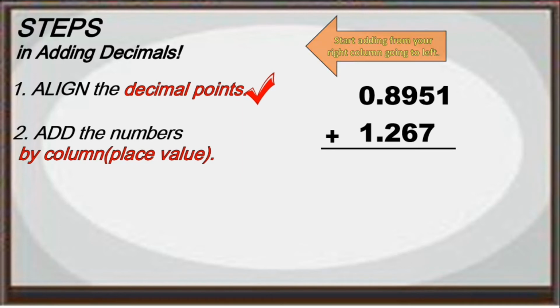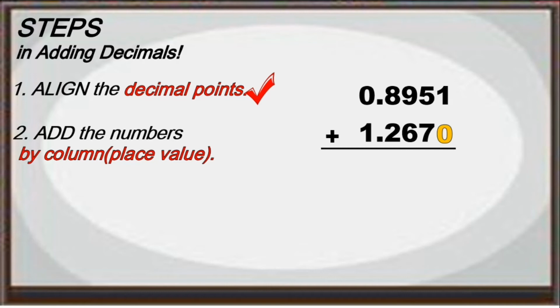So we have there 1 plus 0. Again, if there are spaces, put 0 for you not to be confused. So 1 plus 0 will give us 1. 5 plus 7 will give us 12. So how are we going to do that?